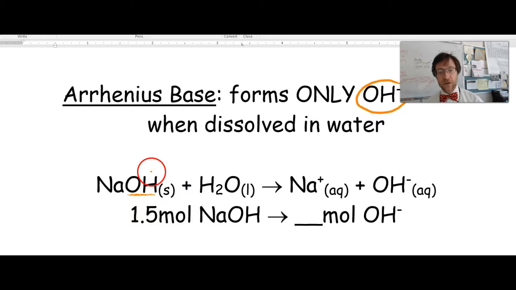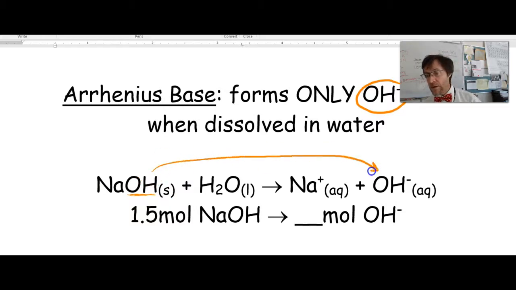So when we dissolve it in water, we only make one hydroxide ion. It's a 1-to-1. Nice. So if we have 1.5 moles of sodium hydroxide, we will have a total of 1.5 moles of hydroxide ions in the water, making it all basic. You see how that works?